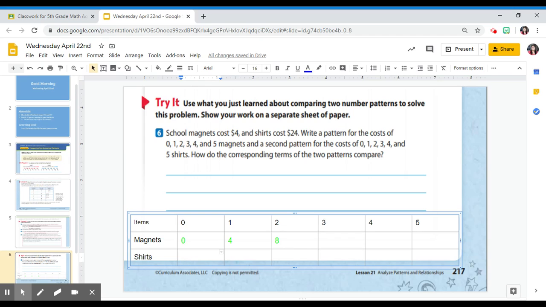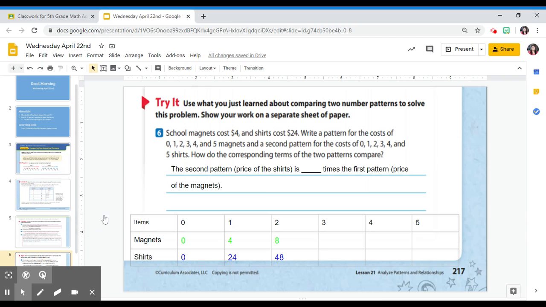So what if I bought 0 shirts? Well, I would spend $0 because I'm not buying anything. If I bought 1 shirt, then I know that it costs $24, so I would be spending $24. If I bought 2 shirts, I would have to add 24 to this number right here, and 24 plus 24 is 48. And I want you to continue that pattern for the shirts.